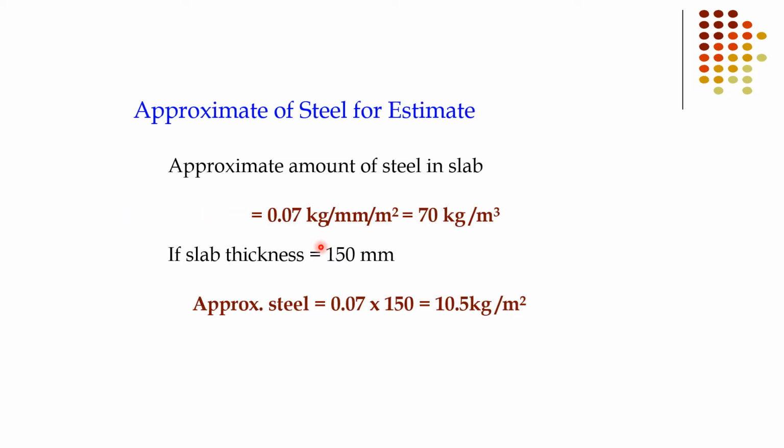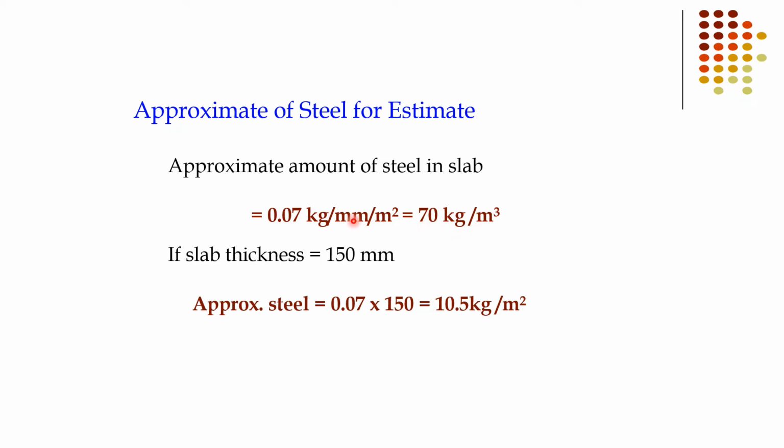Before going to the example, here is one good point: how you can get an approximate idea of how much steel will be provided in the slab. The approximate amount of steel in a slab is 0.07 kg per millimeter per meter square, where millimeter is the depth of slab, equal to 70 kg per meter cube.